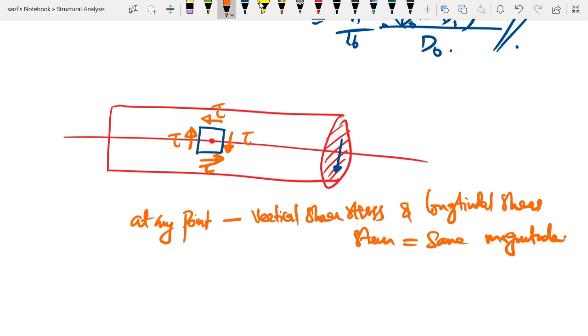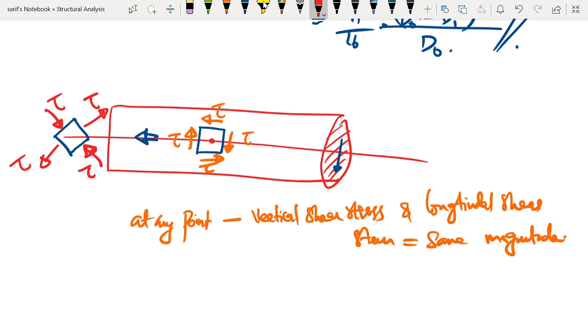Similarly, this is an object that is in pure shear. So this object in pure shear, you will learn in another topic of the inclined stresses or the principal stresses, is equivalent to a state of diagonal tension and diagonal compression having the same magnitude as that of the shear stress.